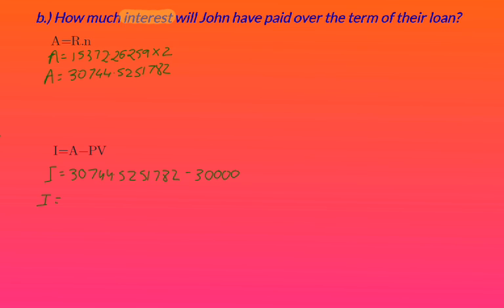So I equals 744.5251782. Therefore, John will be paying $744.52 as the interest to the bank.